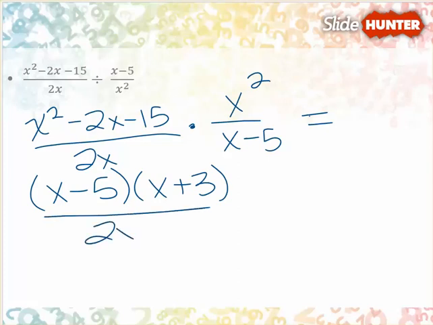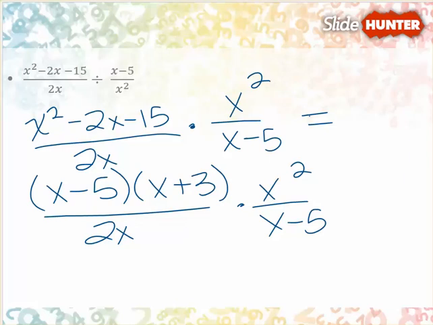There's nothing I can do with the 2x or x squared over x minus 5. Now, if you're having a hard time factoring these, often these were set up so that they will simplify down. So sometimes looking at the other fraction gives you a good spot of what you might have as a factor. Here, notice I have an x minus 5 as my factor.